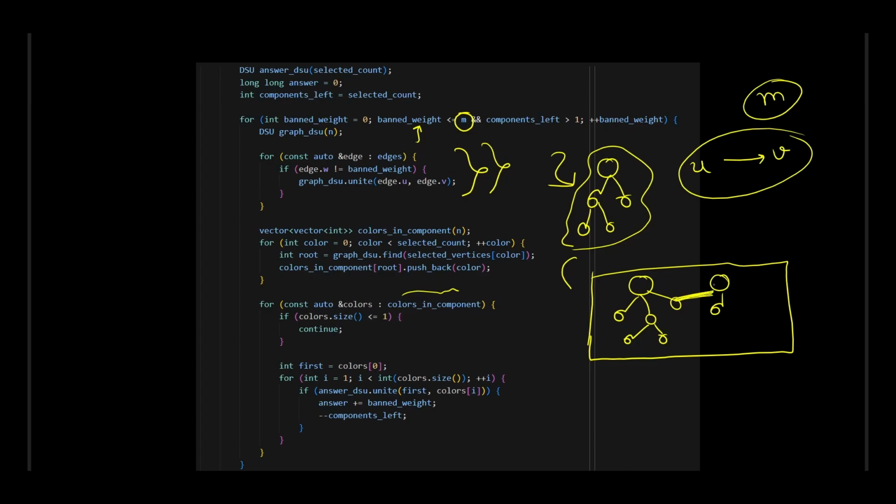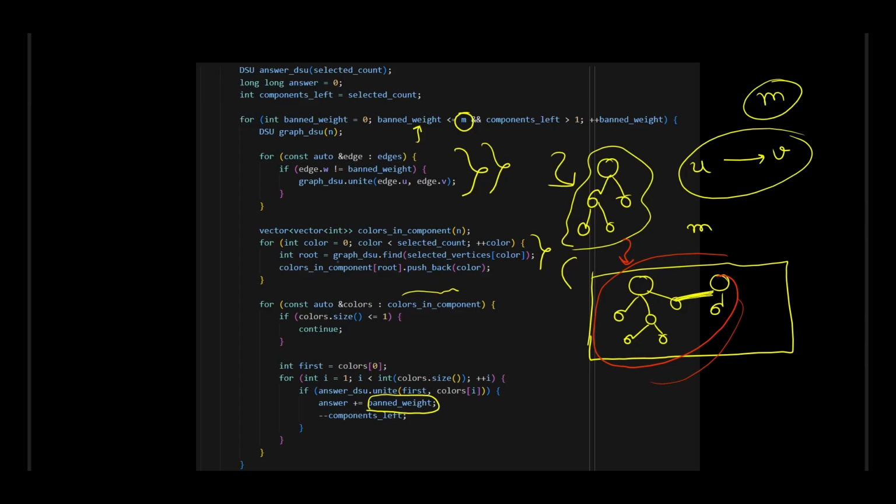So you can either increase the cost by this bandwidth when you are doing this merging over here, or if you want to be fancy, you could just do the merging right now blindly, okay?